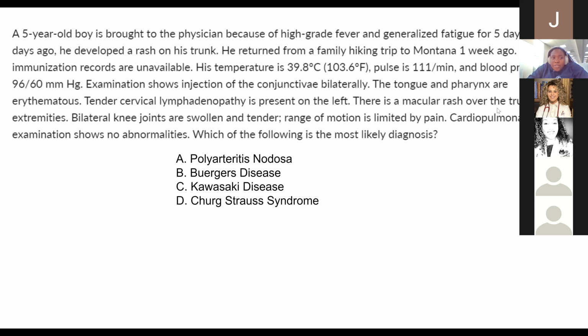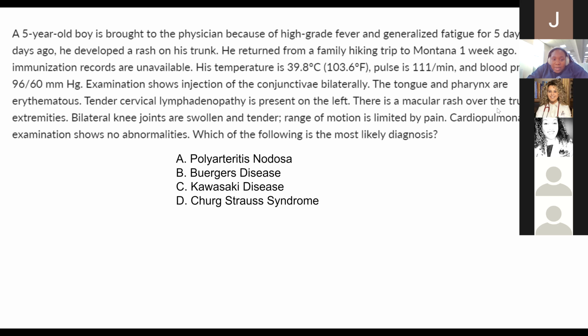So the first thing for me is his age. It's a 5-year-old kid. After that, his vitals, he's got a fever. And then he's got this tongue and pharynx that are red, so I was thinking strawberry tongue. And then he's got the unilateral cervical lymphadenopathy. Those are the things that I remember from the list that stuck out to me.